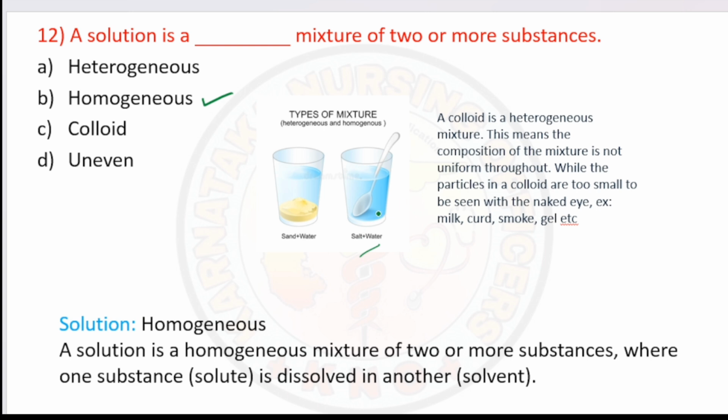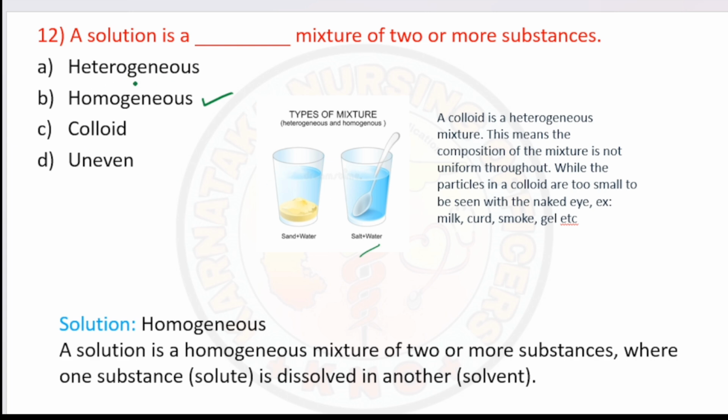Okay. So if you look into this mixture, you cannot distinguish which is salt and which is water. Correct? This type of mixture is called a homogeneous mixture. So we cannot differentiate the two substances, that is salt and water. Such type of mixture is called a homogeneous mixture.